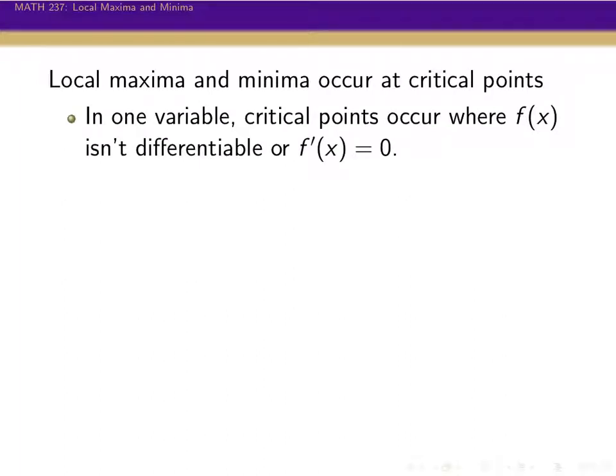Well, a critical point happened where either you couldn't take the derivative of the function, meaning if it was continuous, there was some sort of cusp there where you couldn't measure it, or the derivative of the function was 0. That's saying that the tangent line is horizontal. Saying the derivative is equal to 0 is the same thing as saying the tangent line is horizontal.